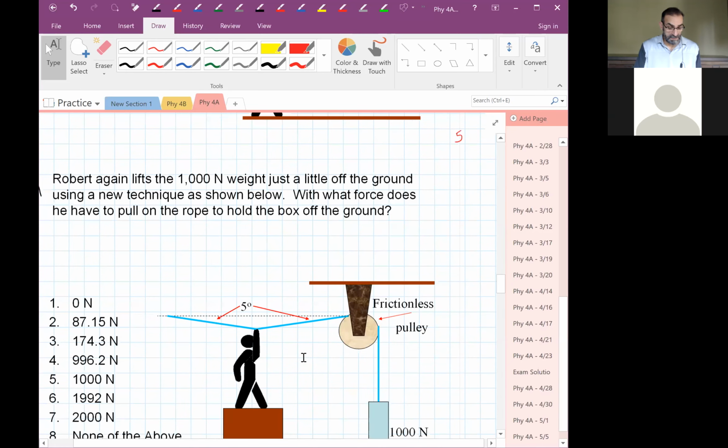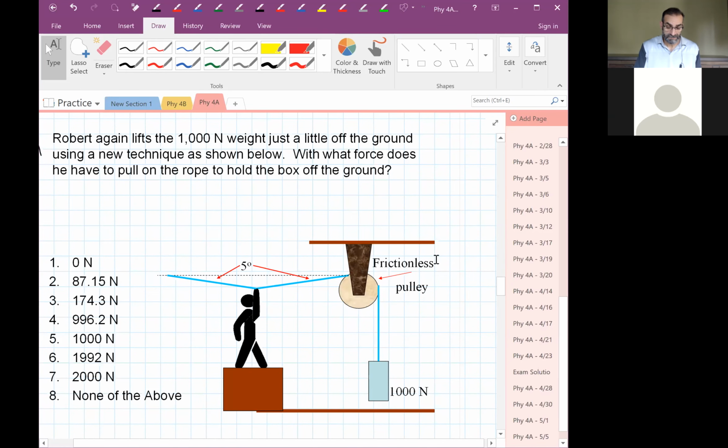Okay, how about this one? The rope is anchored at one end and the person pulls down on the rope in the middle a little bit to lift the weight up off the ground. What force does he have to pull on that rope with to lift that weight off the ground?